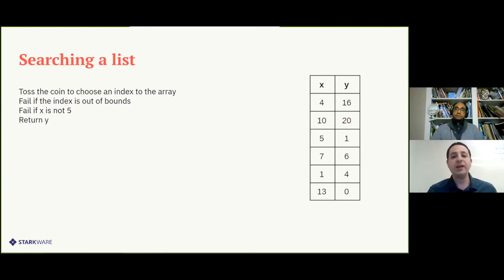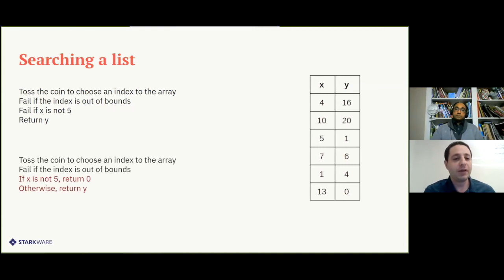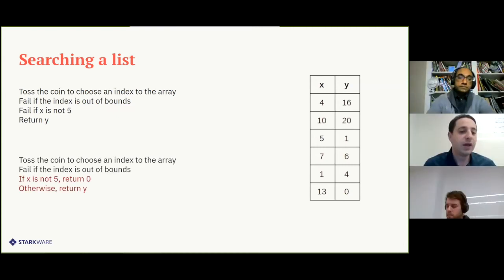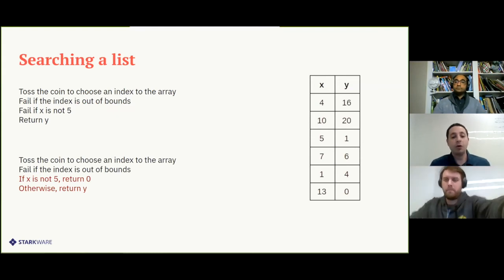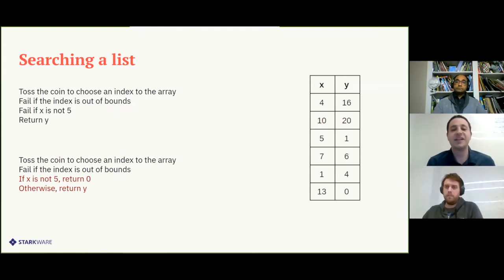So let's try to change the pseudocode. Instead of the last two lines, I wrote: if x is not 5, then you return 0, otherwise you return y, which is what you would have done in normal deterministic programming.